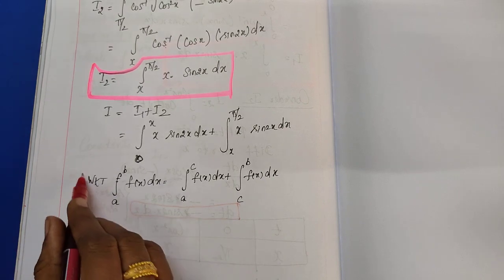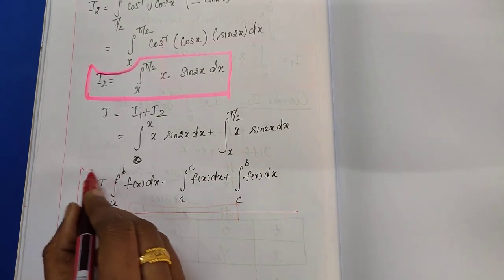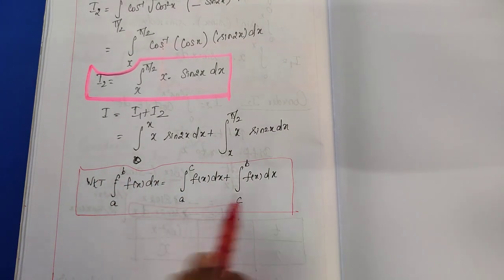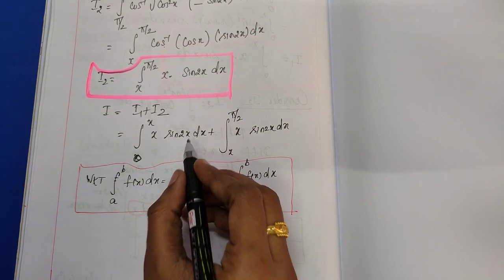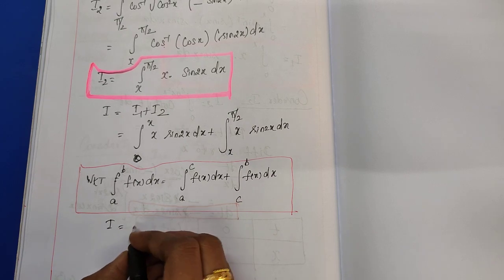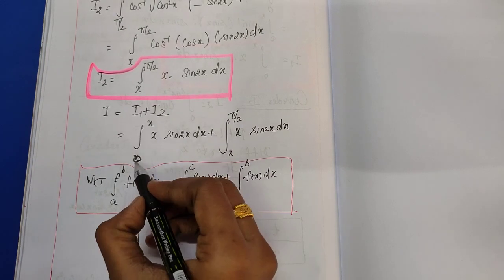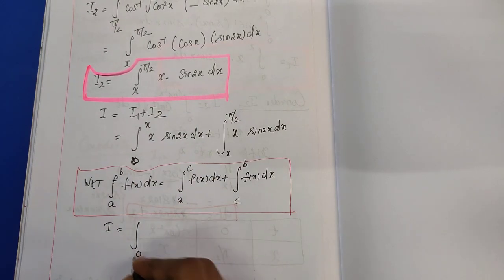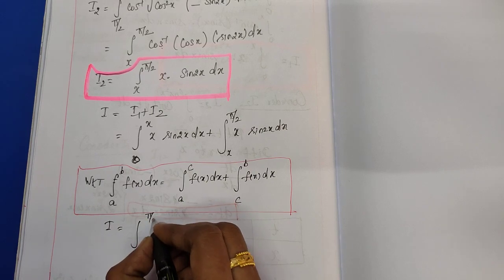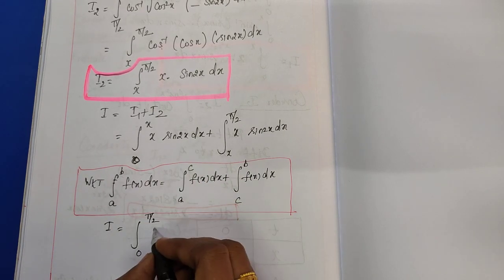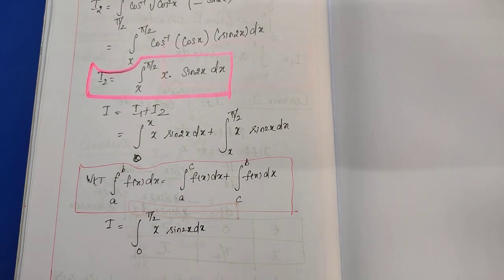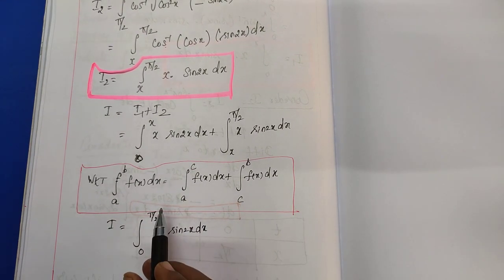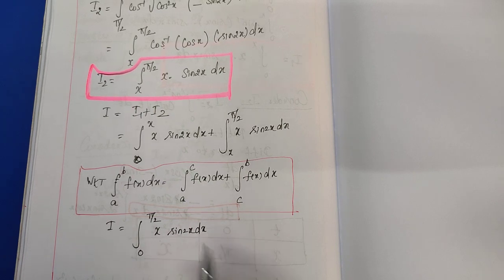According to this property, we can write our I as the integral from 0 to x to pi by 2, simply 0 to pi by 2, of x sin 2x dx.